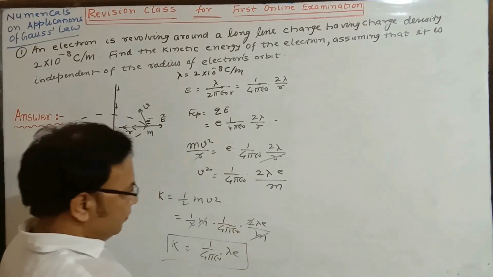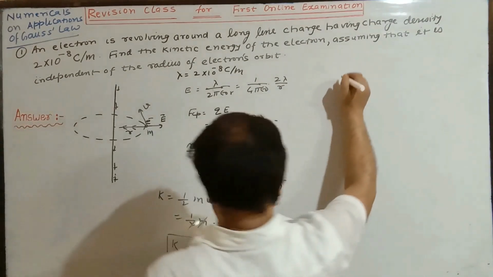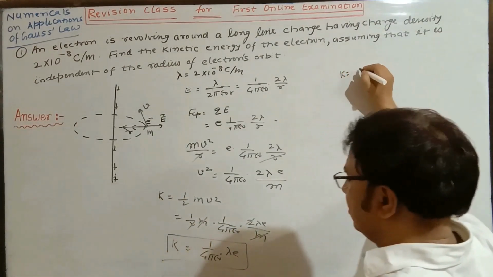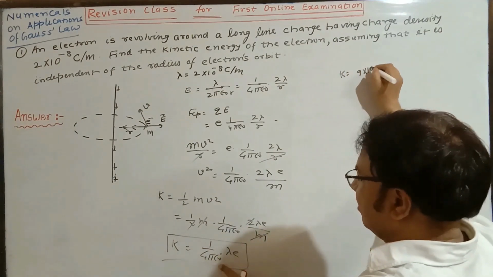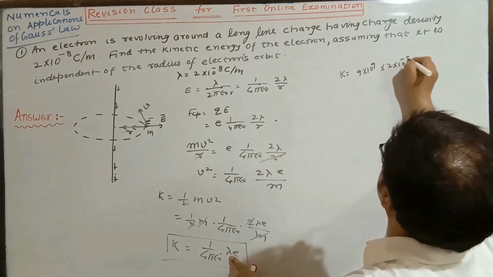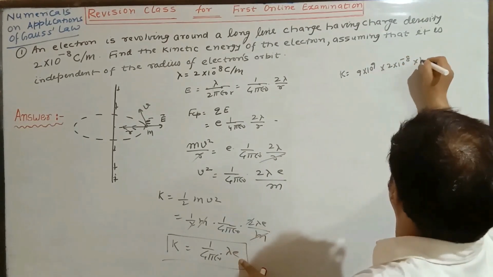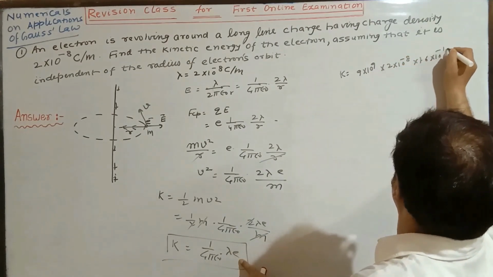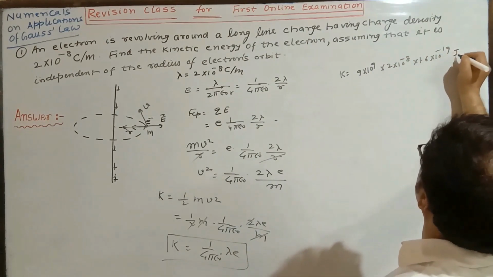And if you substitute the values, here K is equal to 1 by 4 pi epsilon naught, 9 into 10 to the power 9. Lambda you are given, 2 into 10 to the power minus 8. And e you have, 1.6 into 10 to the power minus 19 coulomb. So this is quite obviously in joule.